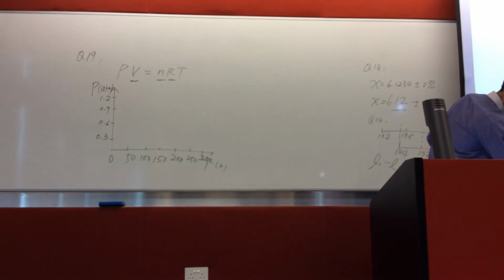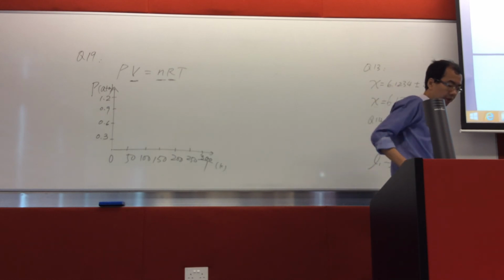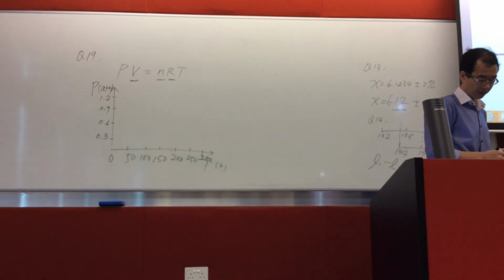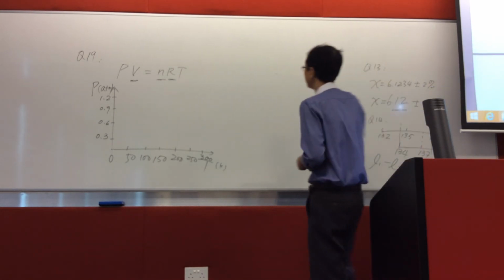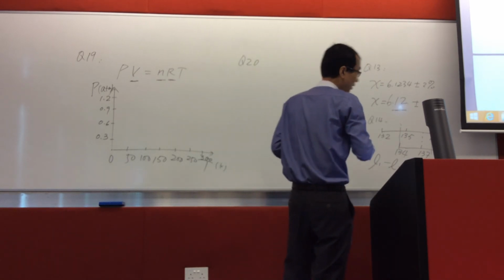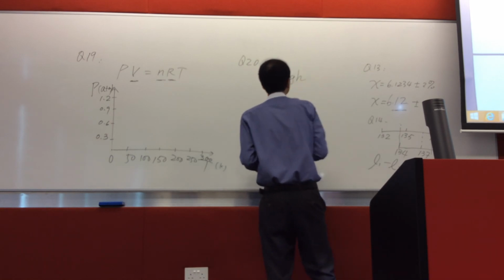And what is question 20? Question 20 is if a stone is thrown vertically with a speed, it follows this equation, which is v squared equals 2gh.